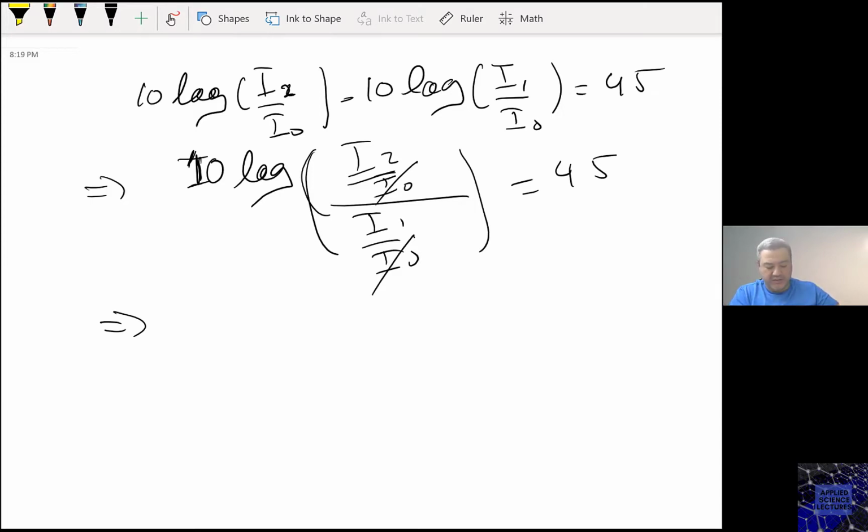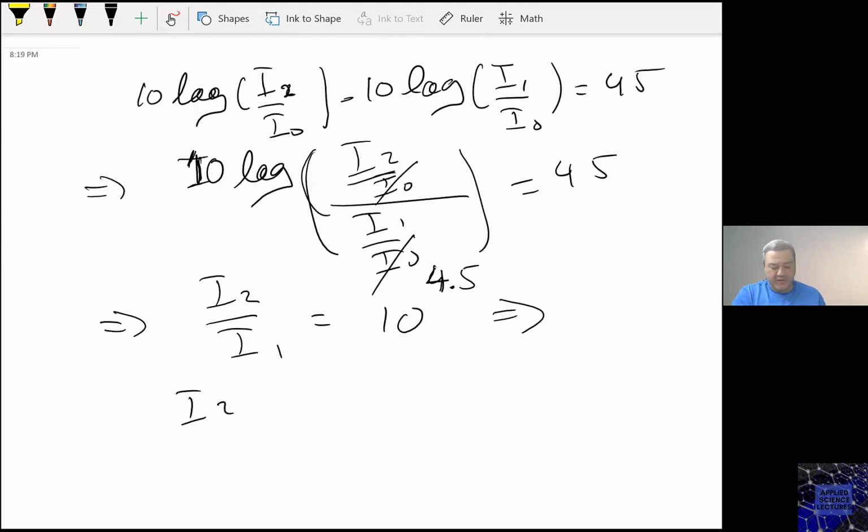Then I2 over I1 equals 10 to the power 4.5. And in this case, I2 over I1 equals 31.6 times 10 to the power 3 watts per meter squared.